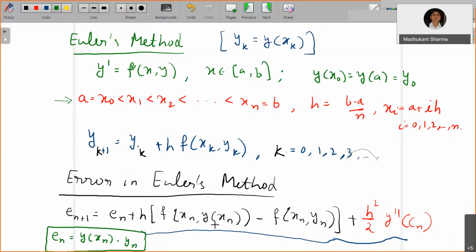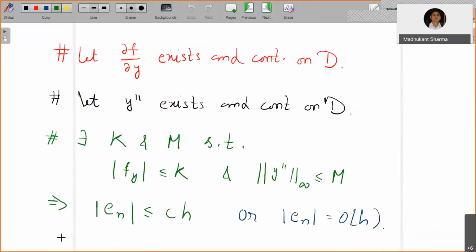Suppose we assume that f is continuous in the second variable and its partial derivative with respect to y exists and is continuous on D, and the second derivative exists and is continuous on D. Here D is a closed rectangle, and a closed and bounded subset of R2 is a compact set, so a continuous function on it is bounded.